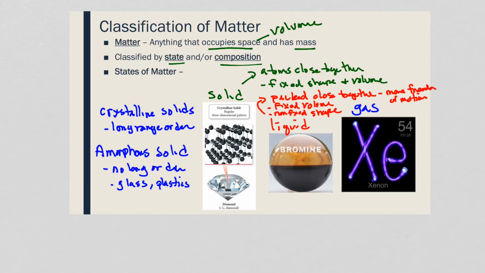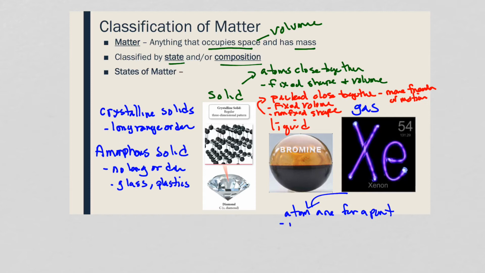Now finally, if we think about how a gas is different from these, so a gas is, the atoms are far apart. So unlike a liquid and a solid, they are not close together, right? And so they are far apart and have a lot of freedom of motion.